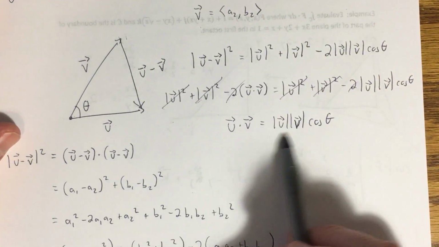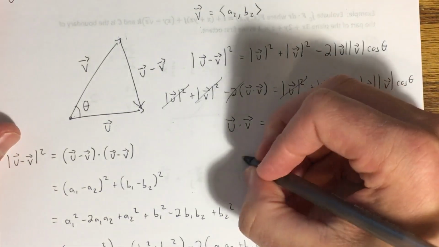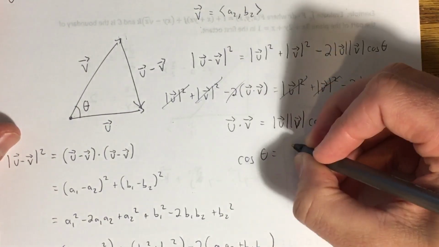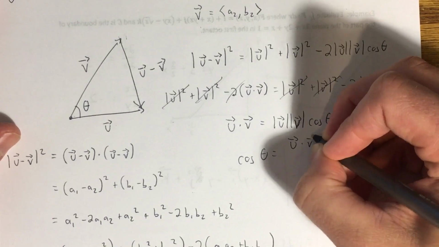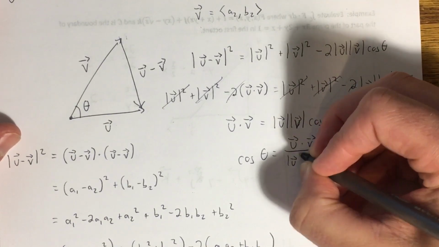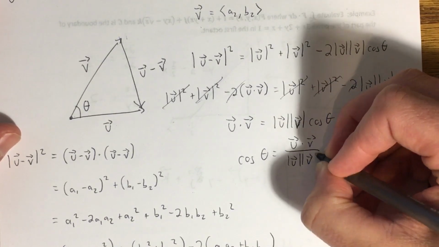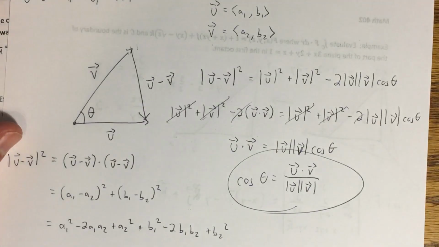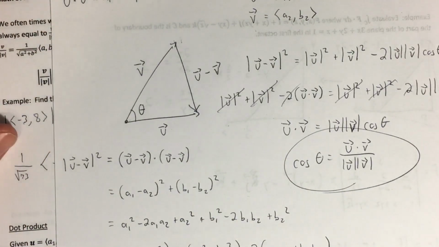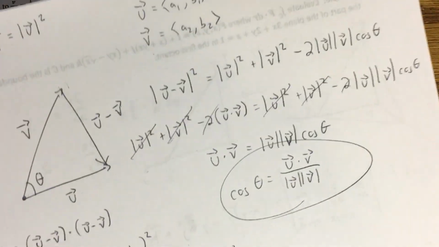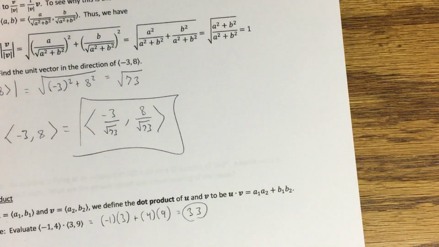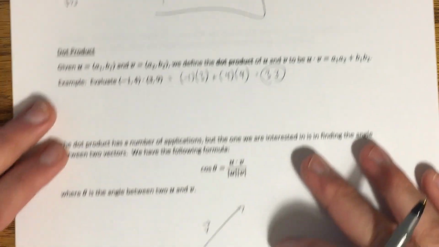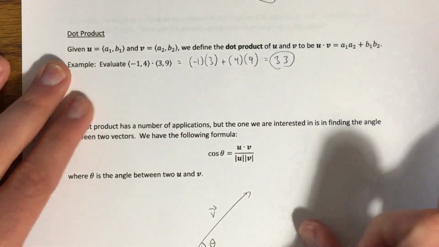If I divide both sides by this product of magnitudes, I get cosine of theta equals the dot product of u with v over the magnitude of u times the magnitude of v. That's that formula that we just mentioned on that previous page. Okay? So really it all boils down to the law of cosines here. All right. So that's a proof of that.